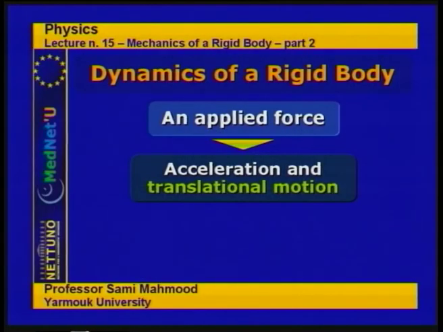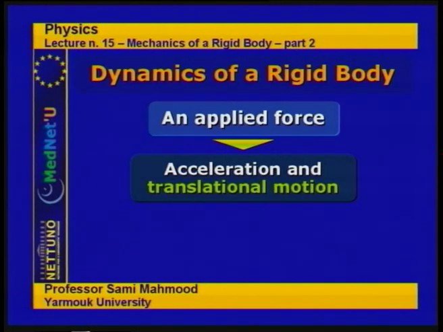And now we are at a point where we can discuss the dynamical variables. We know that if we apply a force on an object, the force will cause the object to move. In the general sense, the object moves in two ways under the influence of an external force.